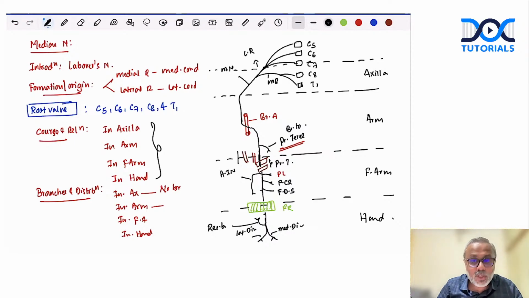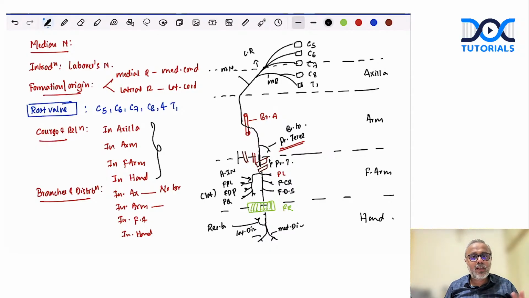Now, what is the function of the anterior interosseous nerve? This supplies the flexor pollicis longus, then the flexor digitorum profundus. The medial half is by the ulnar nerve, so this supplies the lateral half. Then it also supplies one more muscle, that is pronator quadratus.